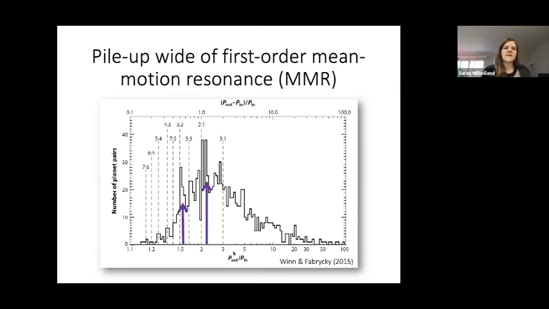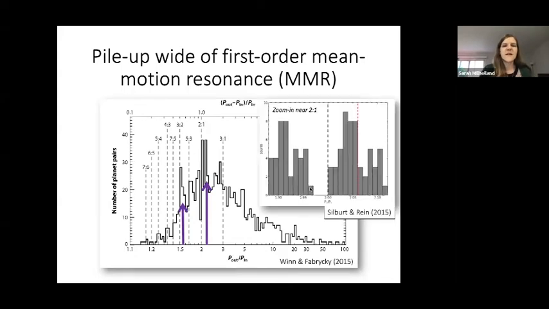It's a little bit hard to see here, but if we zoom in near the 2:1 ratio, we can see that there's an excess of systems wide of that and a deficit inside of this.